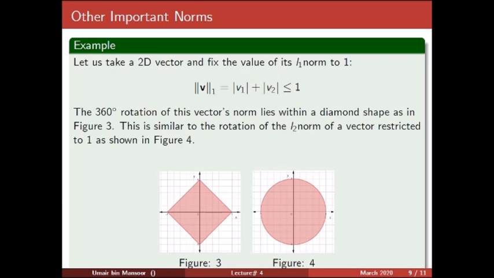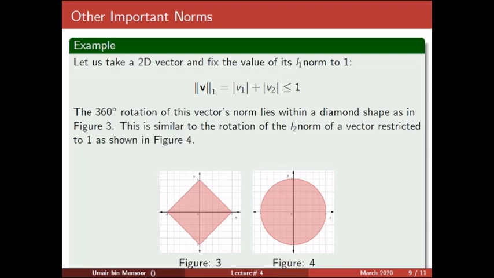We can expand this explanation to any number of dimensions of vector space. Okay, so figure 3 explains the position of a fixed norm vector space.